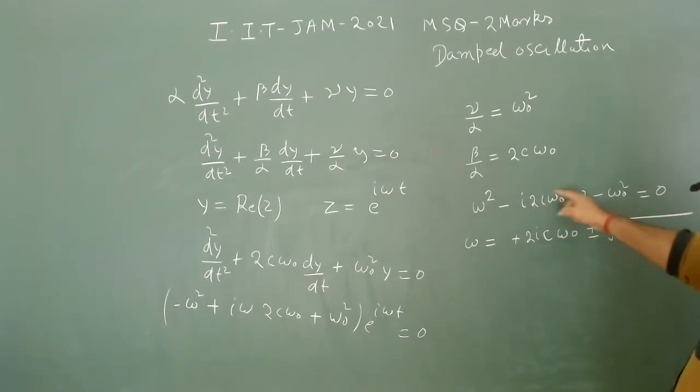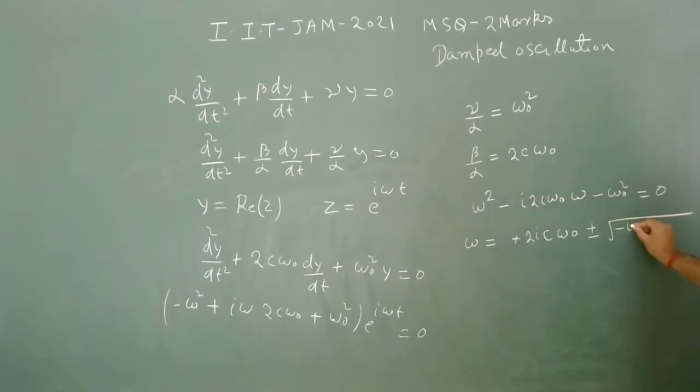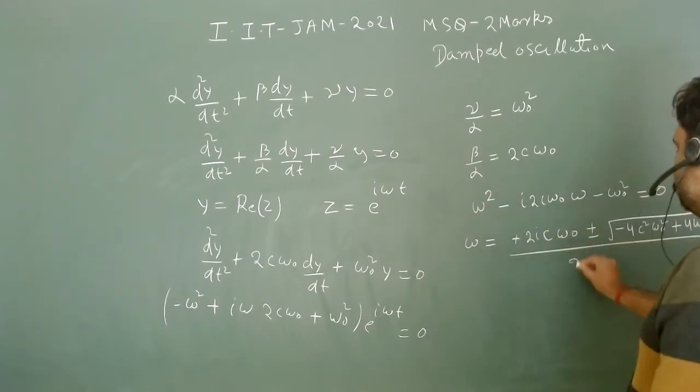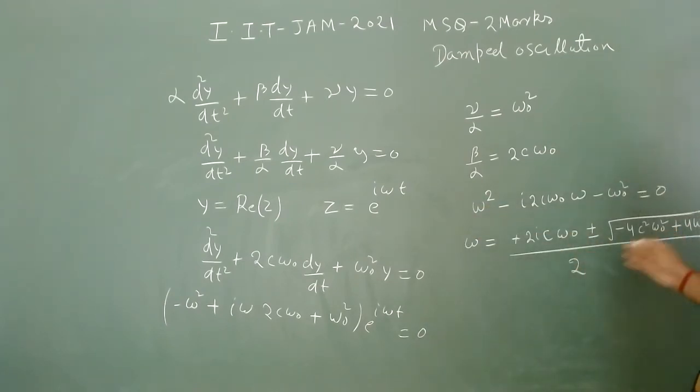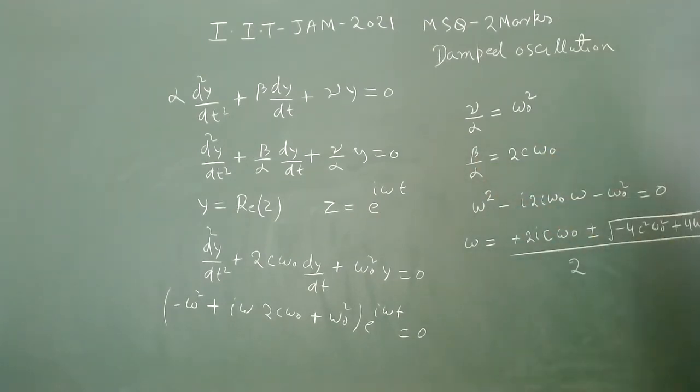When we are taking this b square, this will be minus sign, so minus 4c square omega naught square, minus 4ac, so this will be minus and 4ac, so minus minus plus 4 into omega naught square, upon 2a. So a is 1, so this will be 2. So we have arranged this particular number in a very nice way such that everything will come in terms of omega naught and c. So this 4 will go.